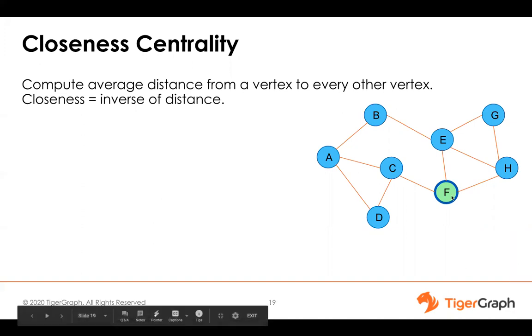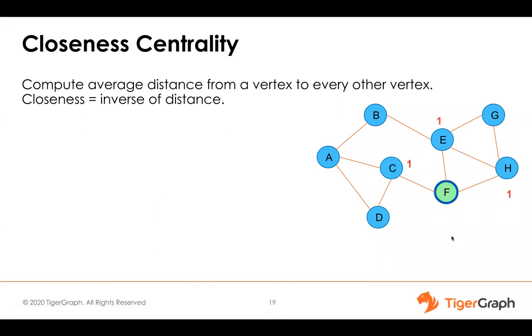I've highlighted F, and we're going to calculate the distance to every other vertex. You see, these are its 3 immediate neighbors, so there's a distance of 1 to those. And then to the others, there's a distance of 2. It's a small graph. Maximum distance from F is 2.